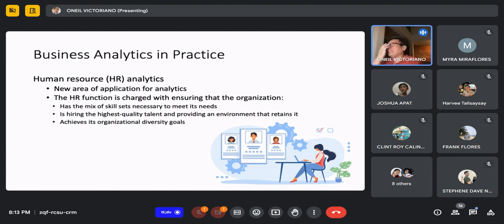They say that a good organization would have a diverse range of qualified human resources. So dito papasok yung HR analytics, to be able to perform analytics for decisions in a particular recruitment.